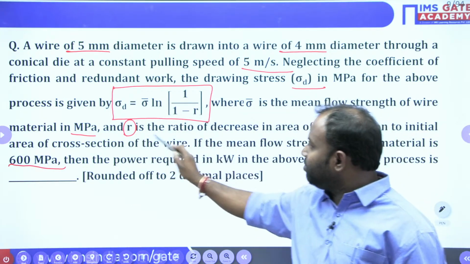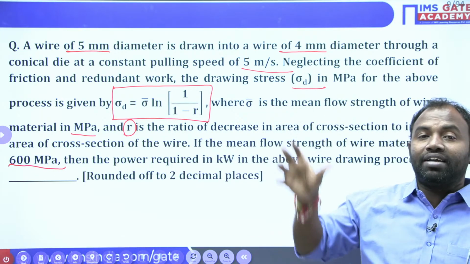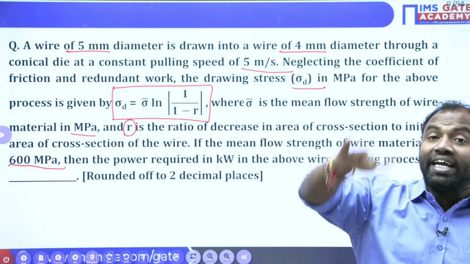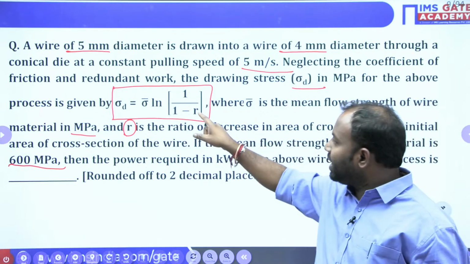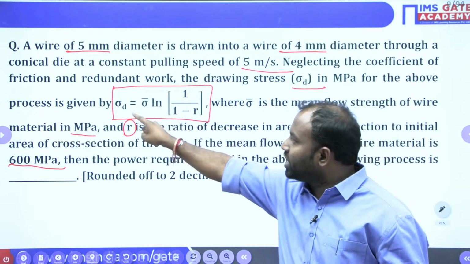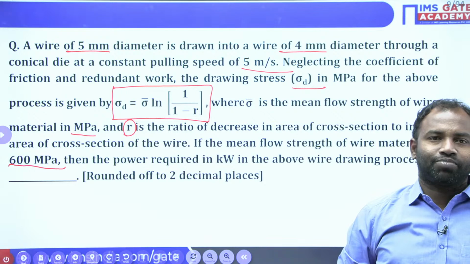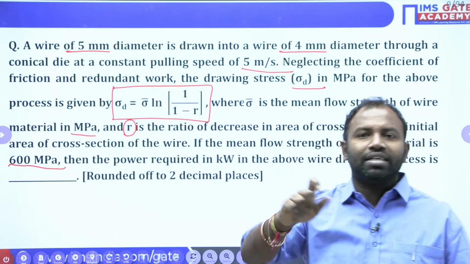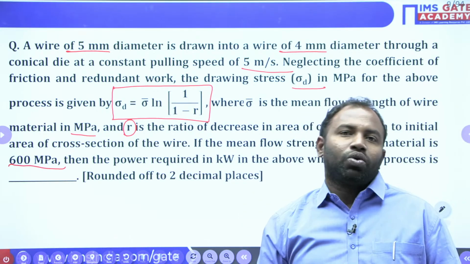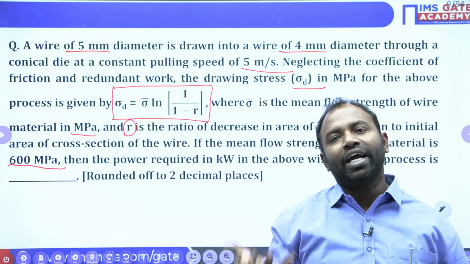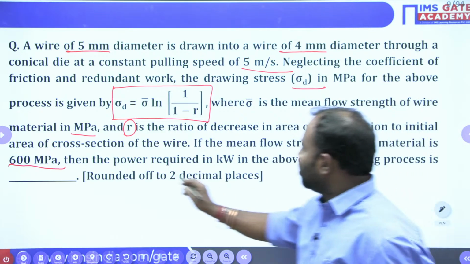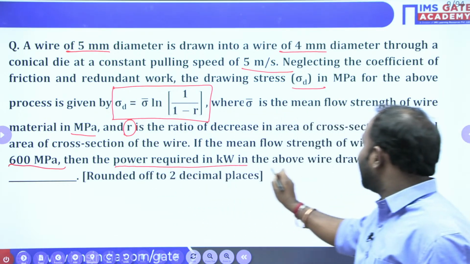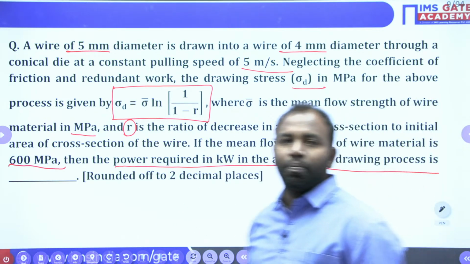If you find the R value and substitute it here, you will get the drawing stress. Once you get the drawing stress, the drawing force can be calculated. Drawing force into velocity gives the power. So what we have to find is the power required, in kilowatts, for the drawing operation.